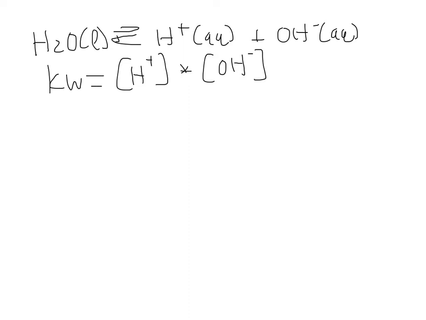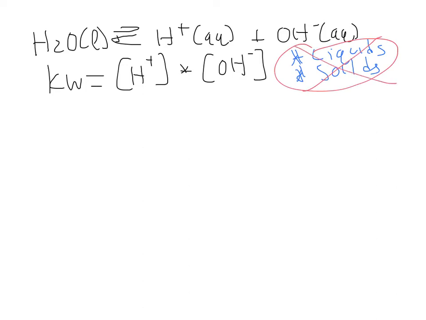Now, some of you might have done it divided by H2O liquid, but you've got to remember, liquids and solids are not in the equilibrium expression. Alright, so we're given this constant expression, Kw equals H plus times OH minus.